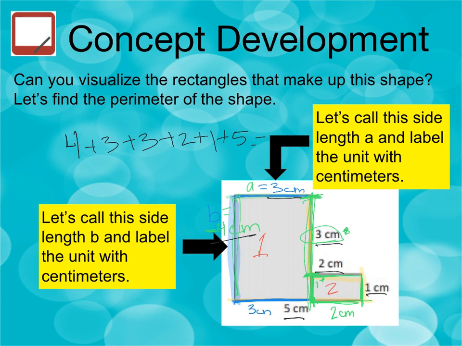And then I can add all those together to find the perimeter of the whole shape. So I'm going to add my 2 plus 1, which gives me 3, and now I have 3 3's, which gives me 9. 5 plus 4 equals 9, plus 9 more equals 18. So my perimeter is equal to 18 centimeters.